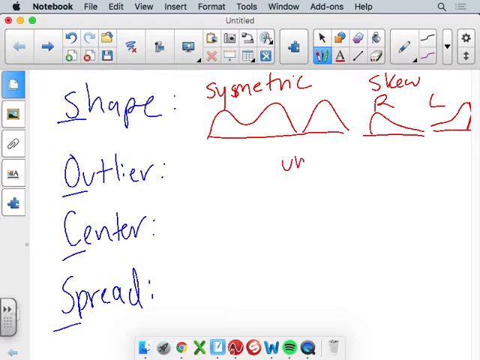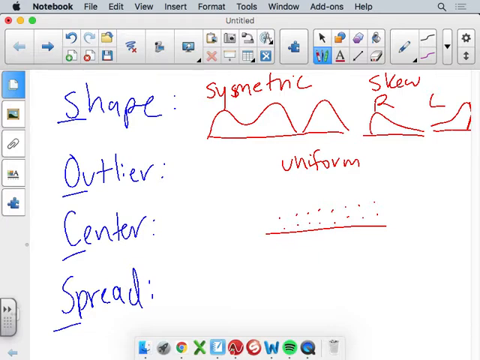Another one, so maybe I'll just write a bunch and then erase them. Uniform would be if it was similar throughout. Sometimes when we collect data in class and we're 10 to 12 people, our data looks like this, but it's kind of misleading because we don't really have a lot of data points.